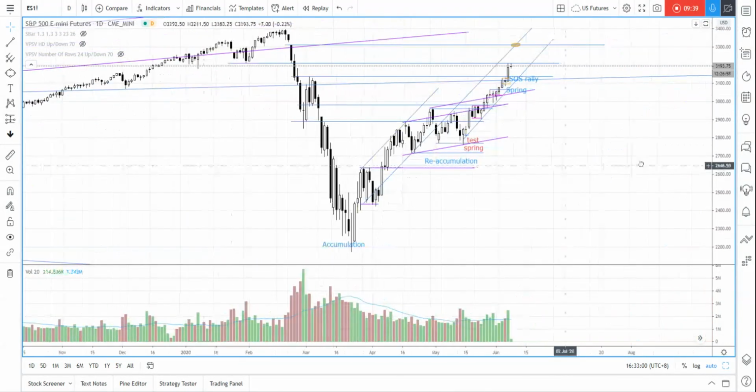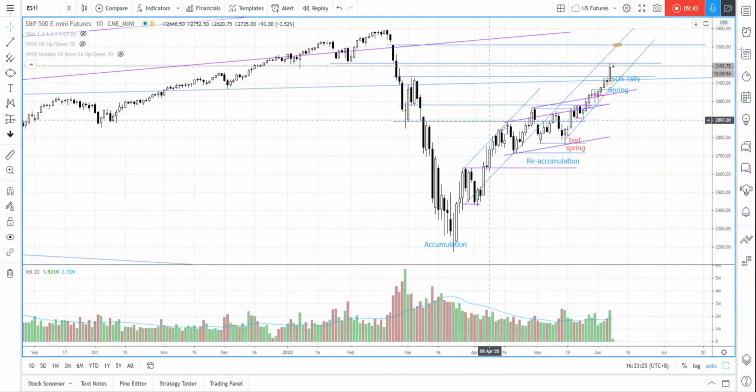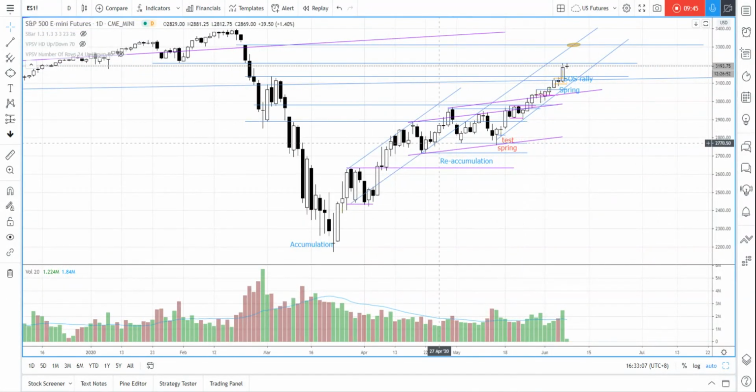And if you look at my latest chart here, I just extended this middle line of the up channel towards near 3400 here. So it's still the same chart, same channel. It's just that I extended the line here, and also I added one more line here.